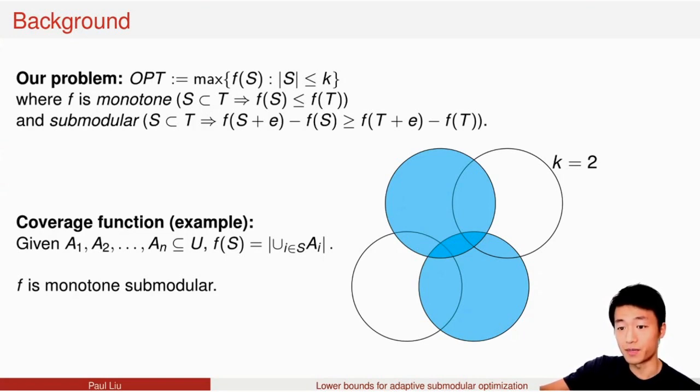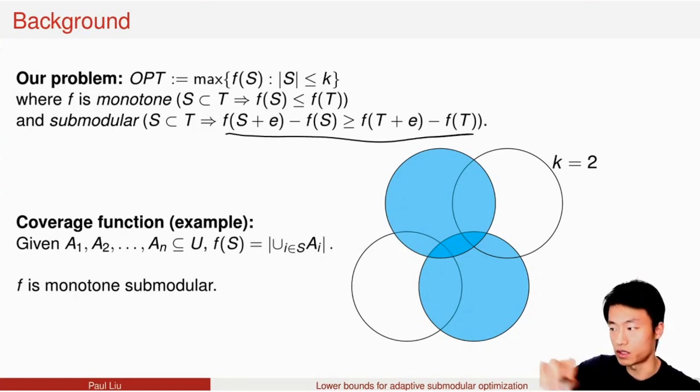A function is submodular when you have the so-called diminishing returns property: as you add more elements to the set, the gain from adding an element decreases. In addition, we're going to be looking at monotone submodular functions in the first part.